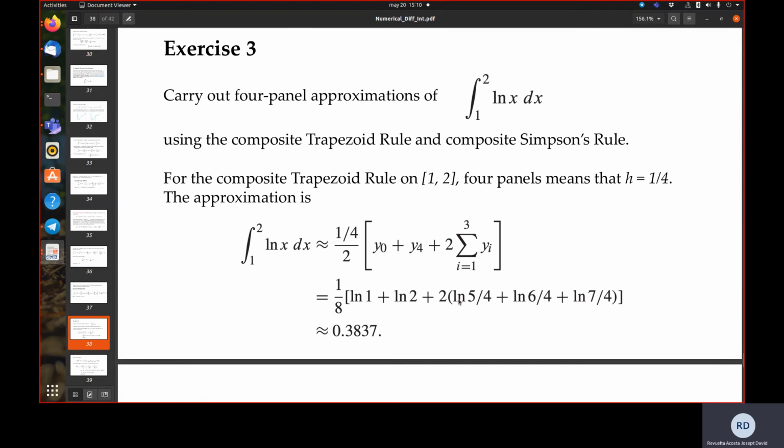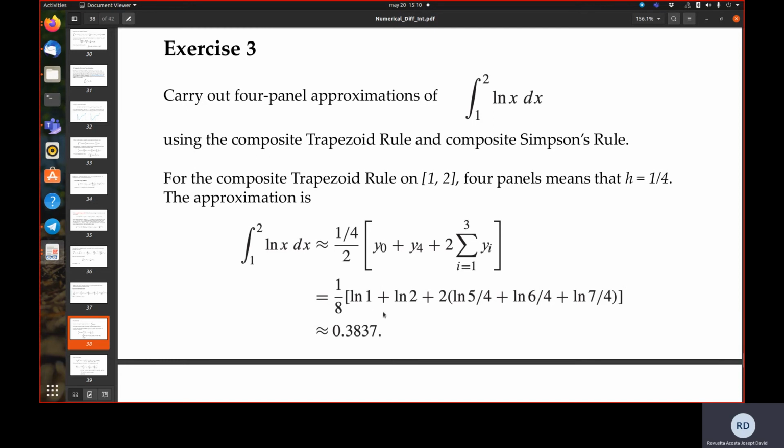And then 2 times, if you think about it, 4/4 is equal to 1, and then 1 plus 1/4 is going to be 5/4. 5/4 plus 1/4 is going to be 6/4, and then 6/4 plus 1/4 is going to be 7/4, right? And then if we add 1 more, we have 8/4, which is equal to 2. So that's why we are not adding 1 more, because we are actually summing 3 times the subintervals.